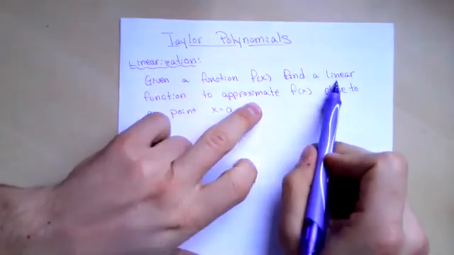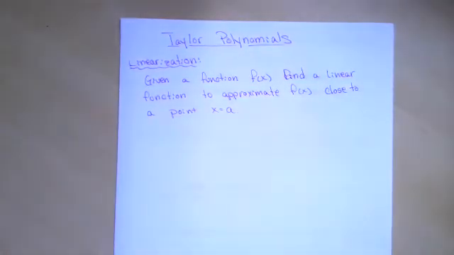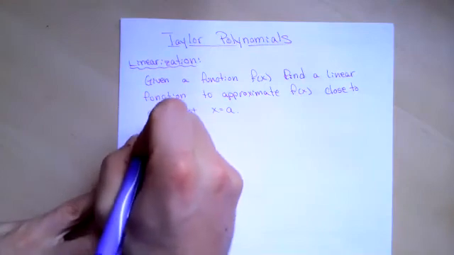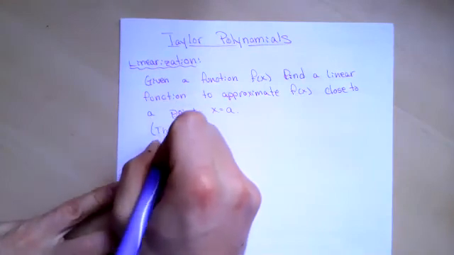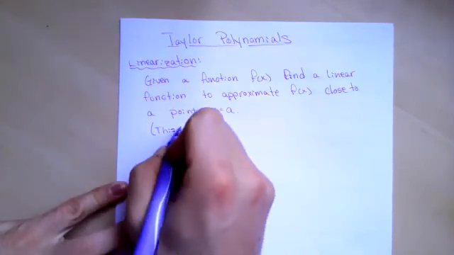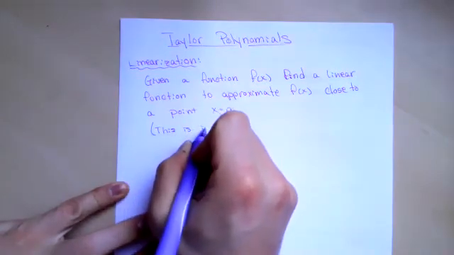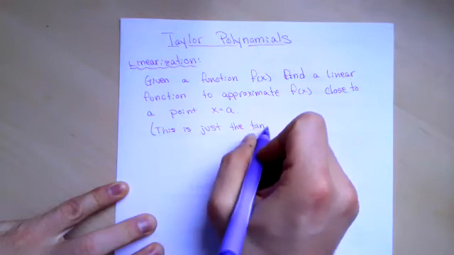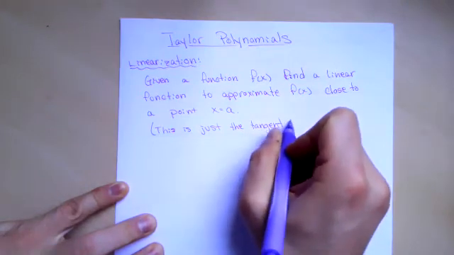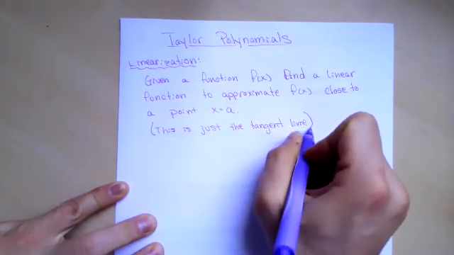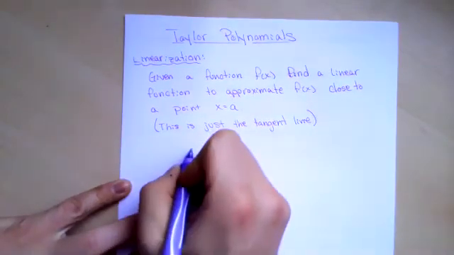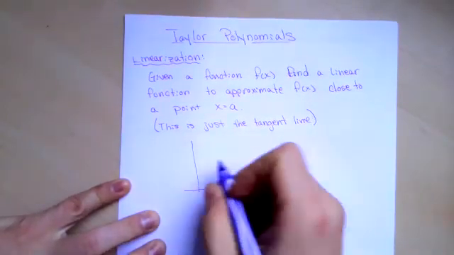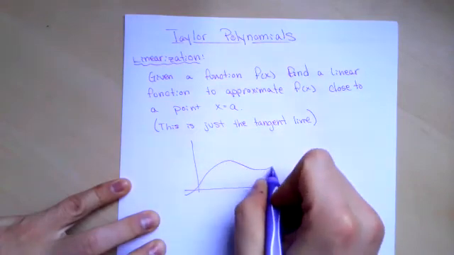Linear approximations is another term for it. Or even, if your instructor was poignant about pointing this out, it's just the tangent line. So really all we were doing is I have some function.